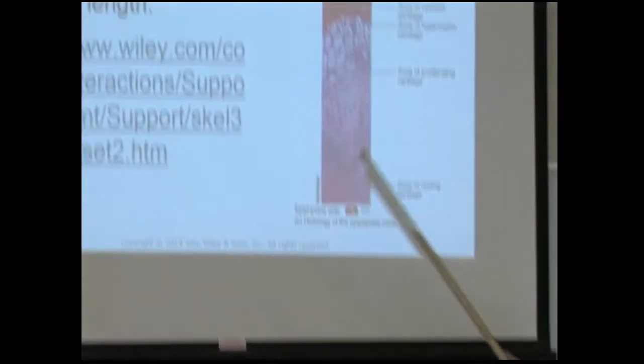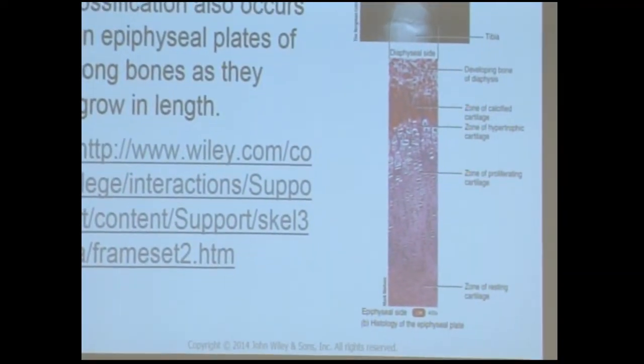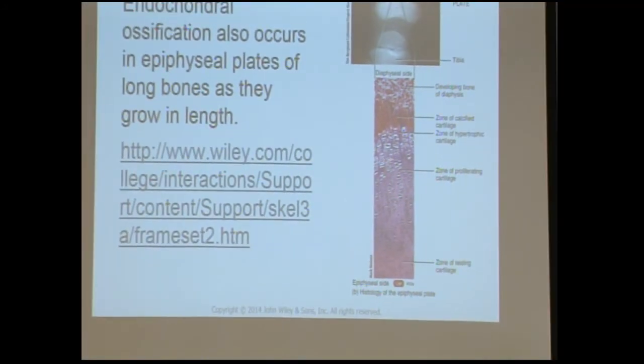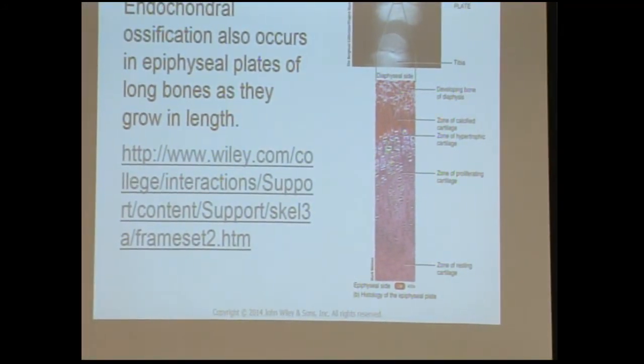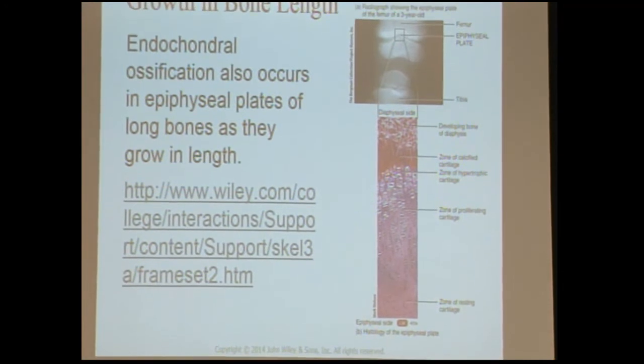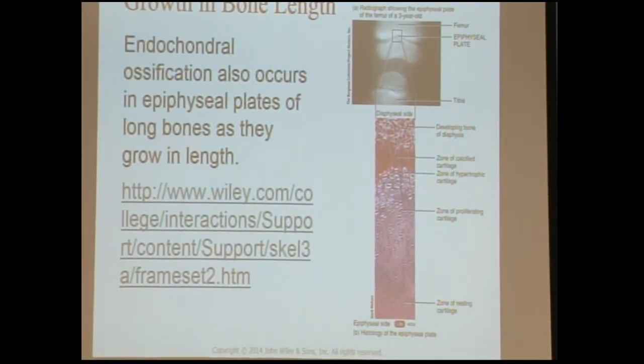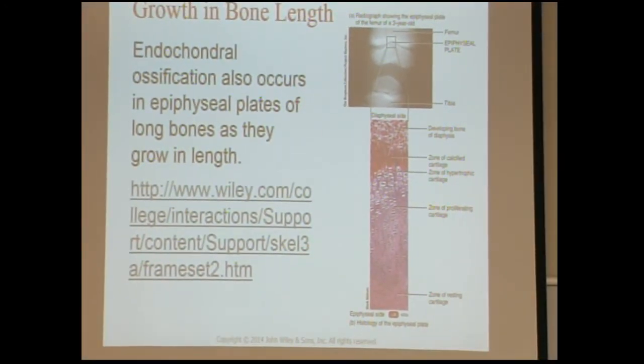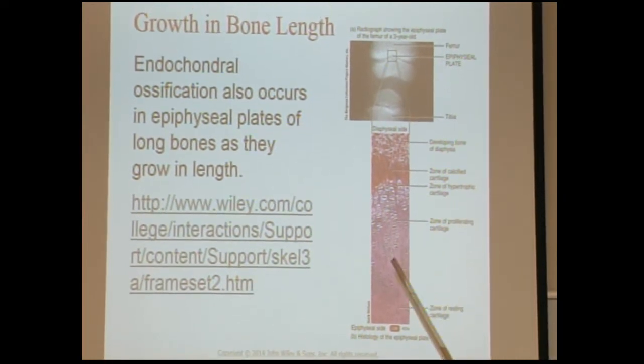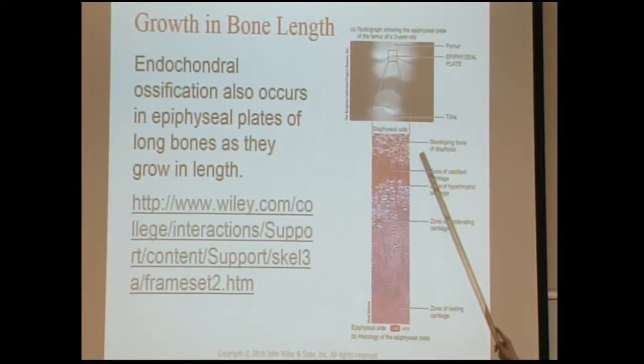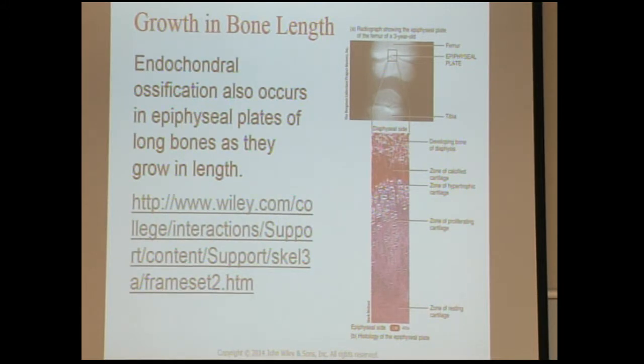All right, so as we mentioned, at that growth plate is where the bone's growing. Once you're born, the whole time till your bones totally quit growing, you do have endochondral ossification happening where the long part of the bone meets the ends of the bone.